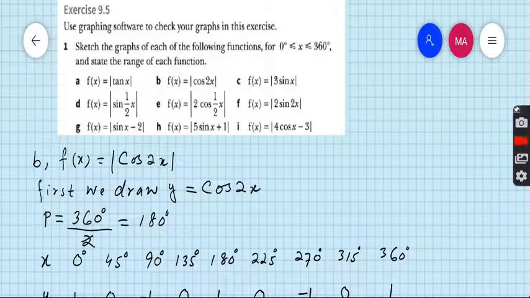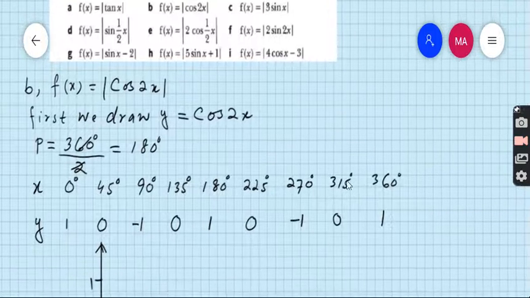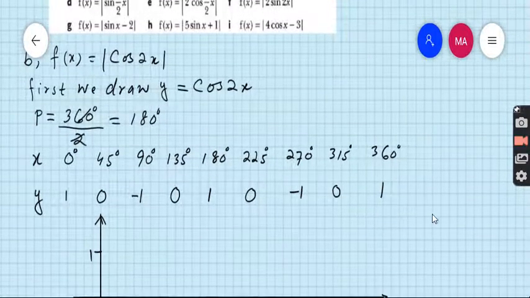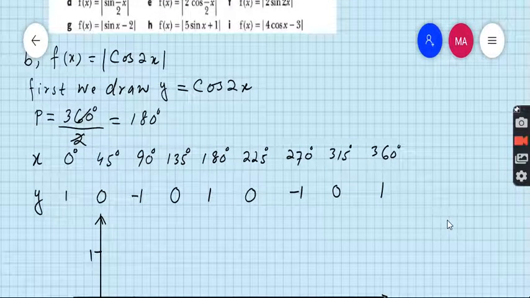So cancel 360 by 2, you will get 180 degrees. Now because the period is 180 degrees, we make the table taking 45 degree intervals. So x is 0, 45, 90, 135, 180, 225, 270, 315, 360 degrees.